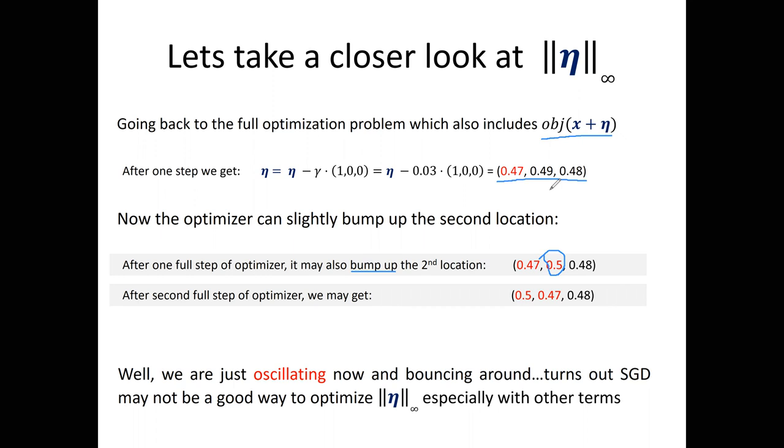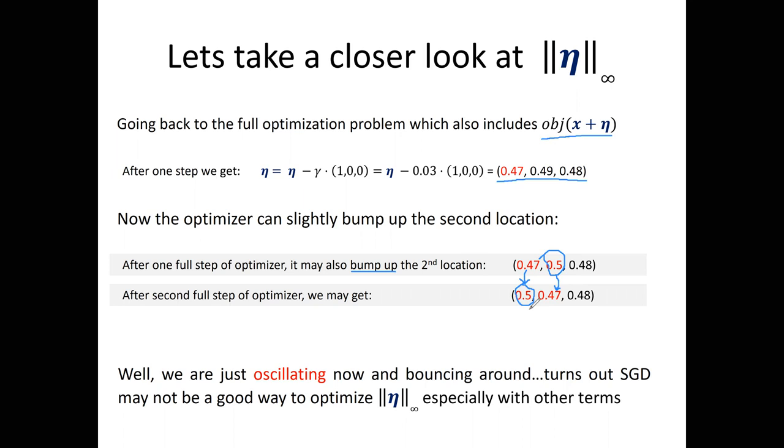So it may bump locations up and down like this, and that's fine. But after the second step, the minimization of eta is going to try to reduce this highest one, 49, to some value, say 0.47. But nothing prevents the optimizer, when it's optimizing the opt function, from increasing this 0.47 back to 0.5.